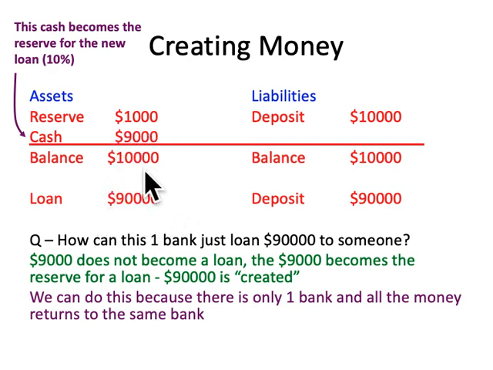And this $90,000 loan is the created money, right? $90,000 was created, $10,000 was the original. So total deposits, this $10,000 plus this $90,000, that's $100,000 of total deposits.